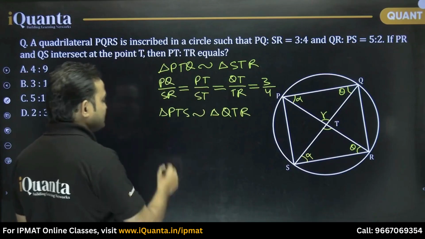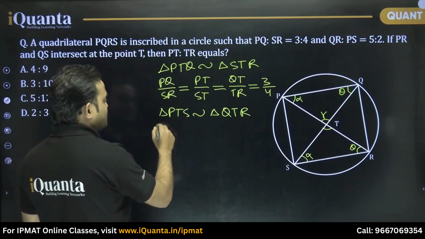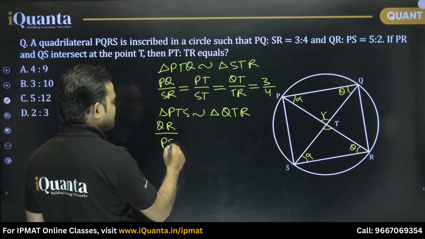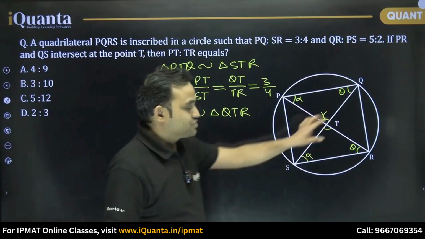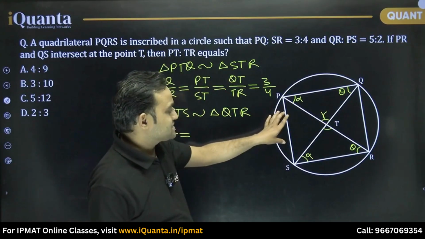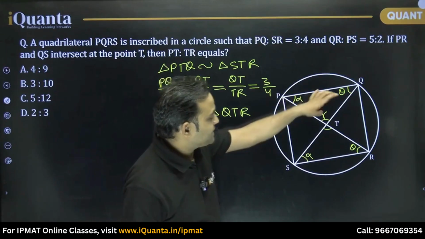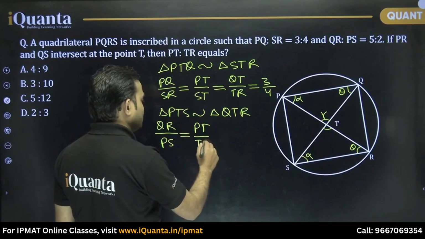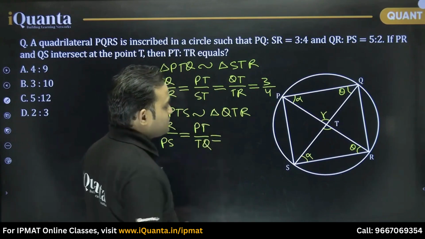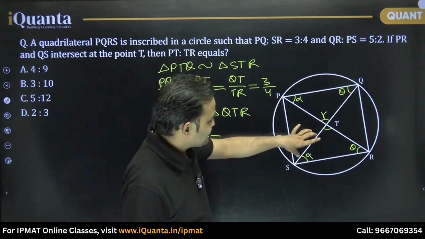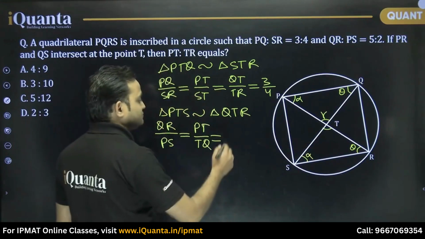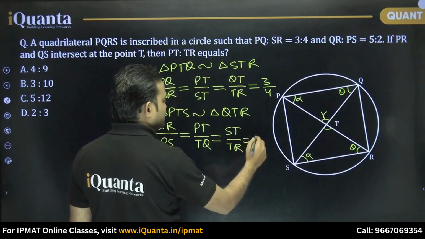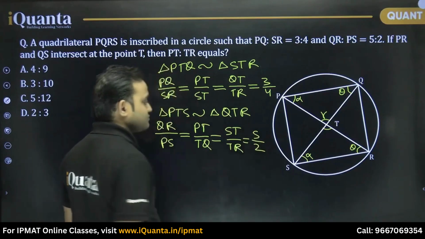And in that case we can say that QR upon PS will be equal to PT upon TQ, which will also be equal to ST upon TR, and this will be equal to 5/2, right?